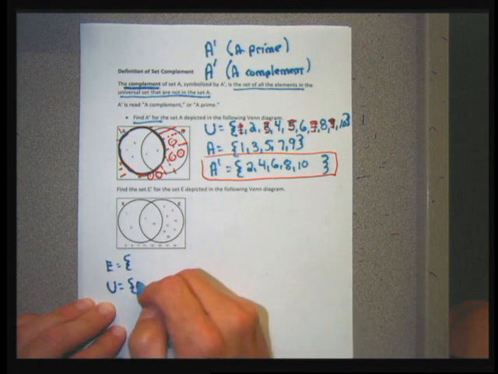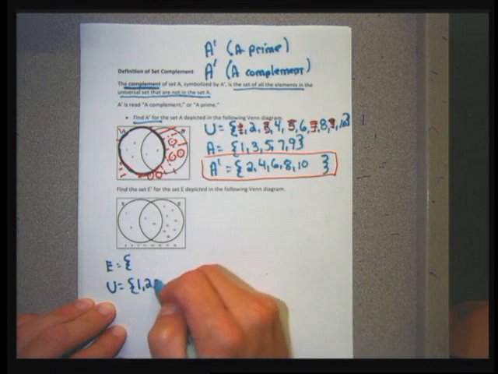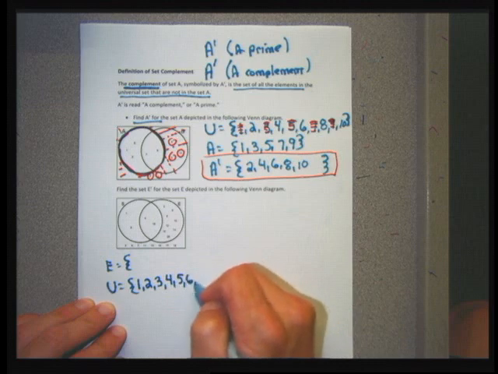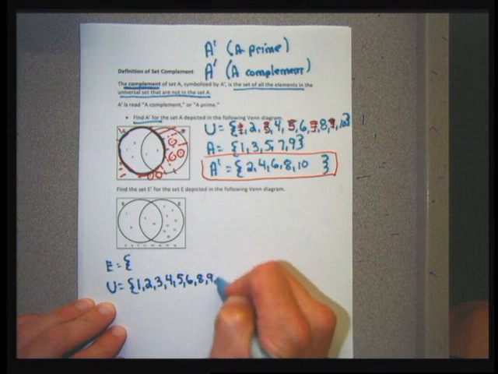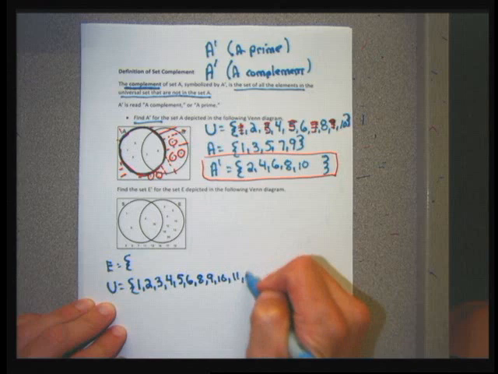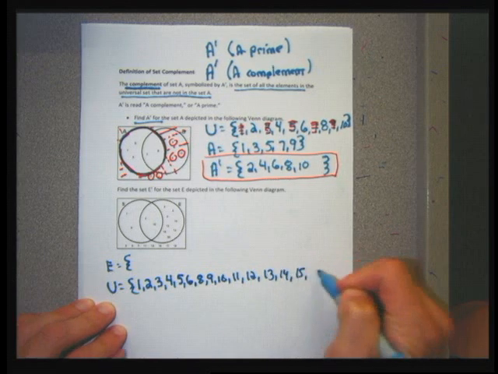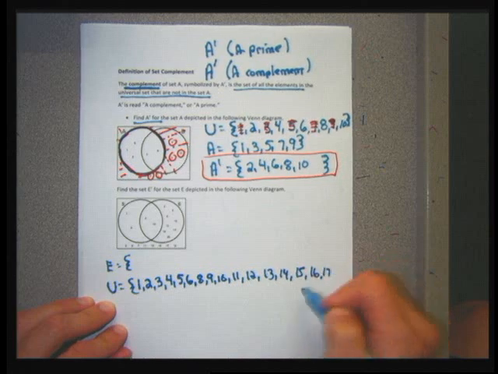The universe for this particular problem were the numbers 1 through 20. And if I'm going to find a complement without looking at a picture, then I can't have the dot, dot, dots in my picture. And this is going to be a nuisance to write, but it's not impossible.